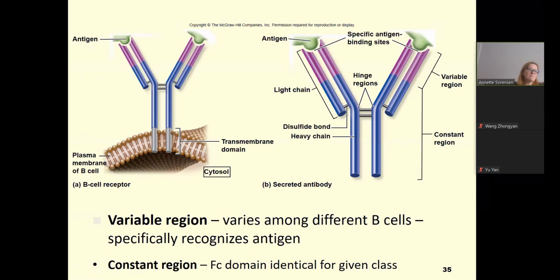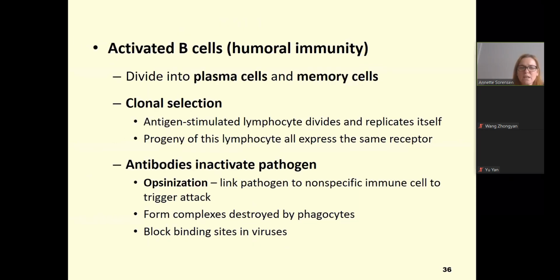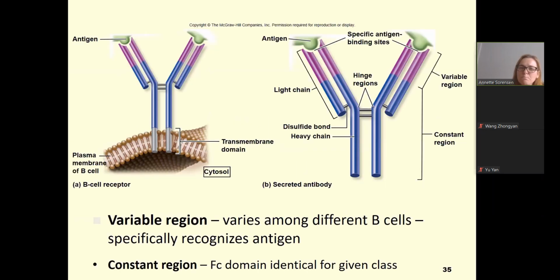So it's the same for all of the IgM antibodies, the same for all of the IgE antibodies, etc. We then have a light chain region up here, and importantly, this variable region up here, which varies depending on the antigen.